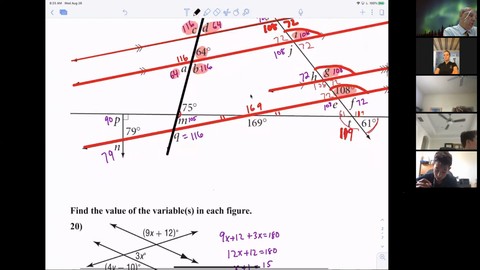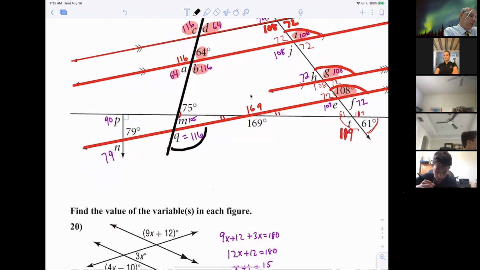Now, this right here and this right here, those are corresponding angles. You see that? It's very difficult to see because that other line is in the way. Do you agree? That's why it's hard.